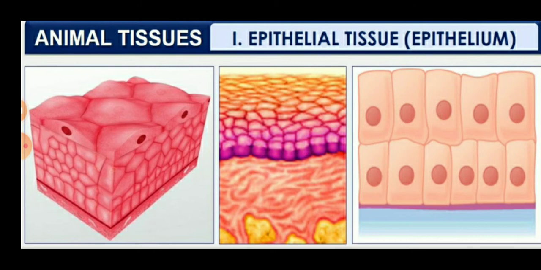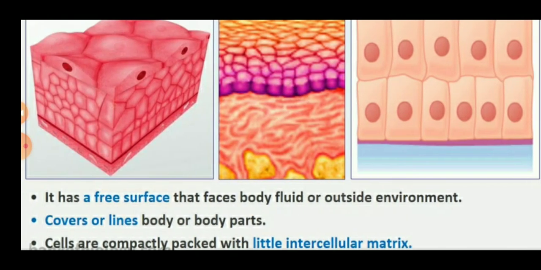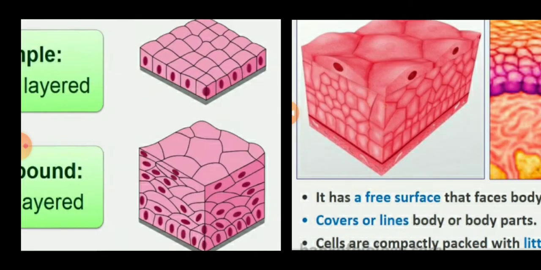It is the outermost part. You can see this epithelial tissue in this picture. It has a free surface that faces body fluid or the outside environment and covers or lines the body or the body parts, so the cells are compactly packed with little intercellular matrix.